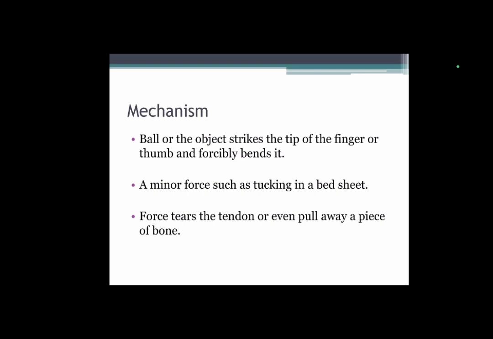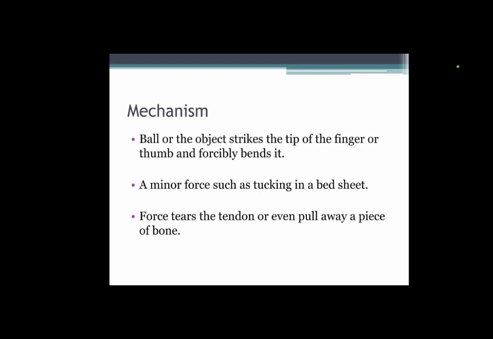The mechanism of injury in a mallet finger involves a sudden force applied to the tip of an extended finger. When the fingertip is forcibly bent into flexion, the terminal extensor tendon is overstretched and may tear.